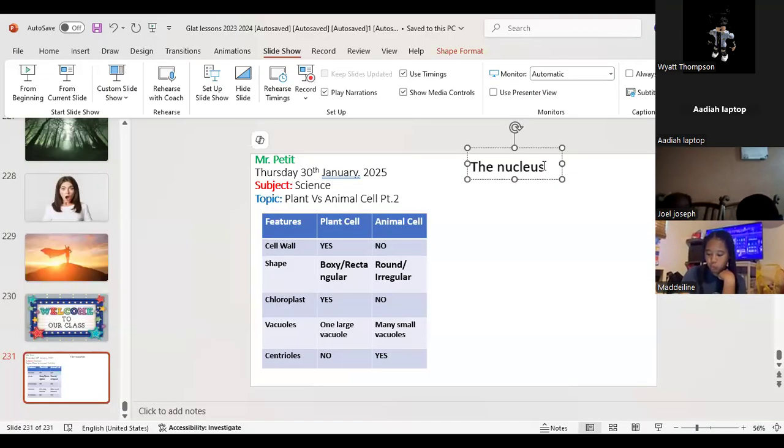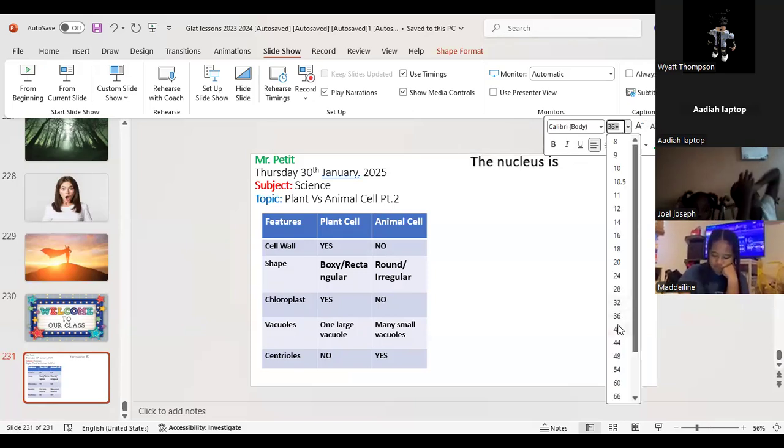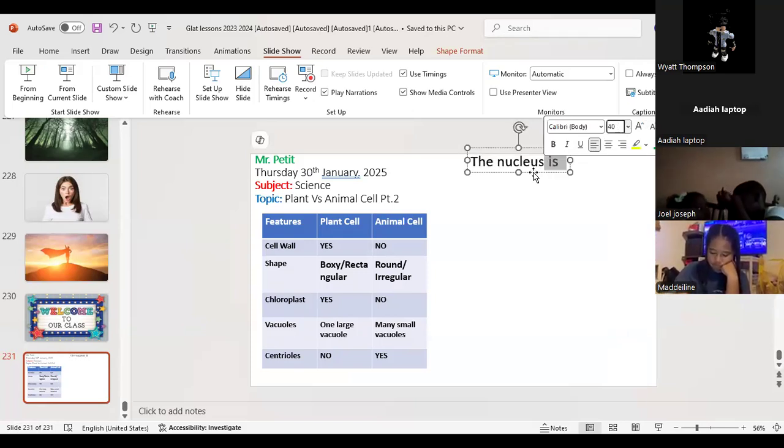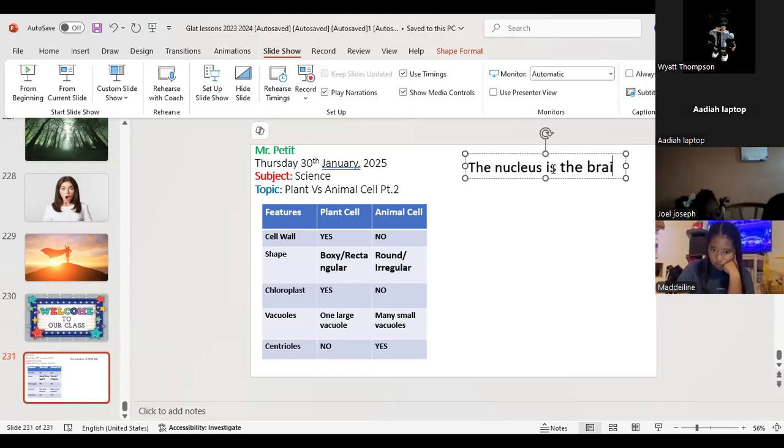Good. So the nucleus, right? The nucleus is, you could say, the brain of the cell. The nucleus is the brain of the cell.